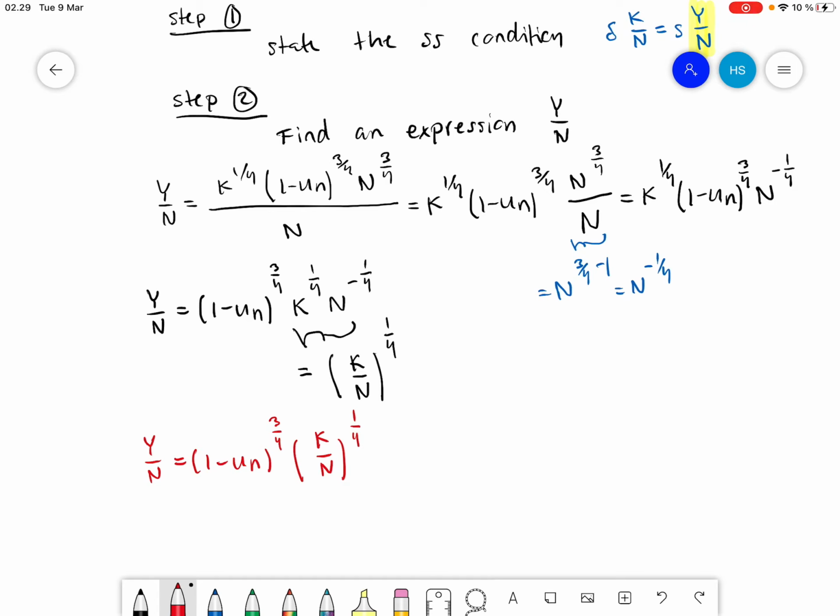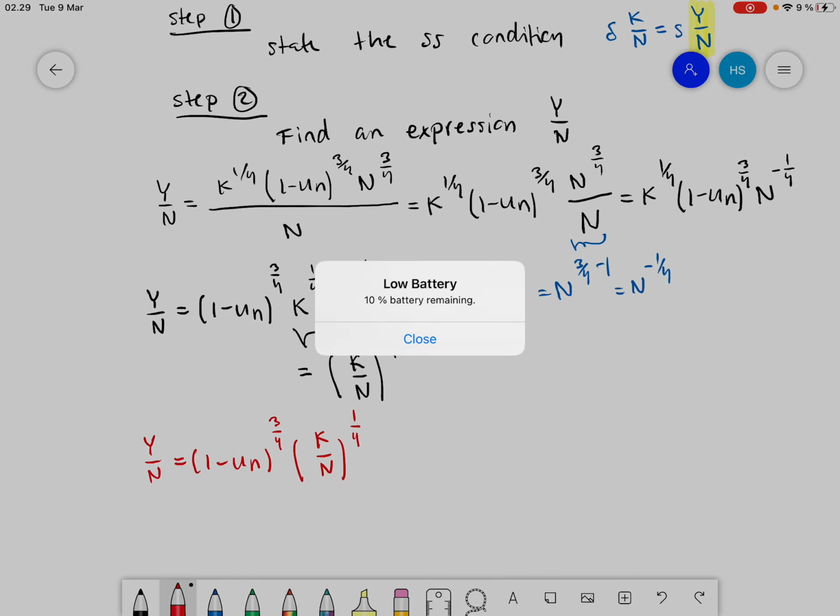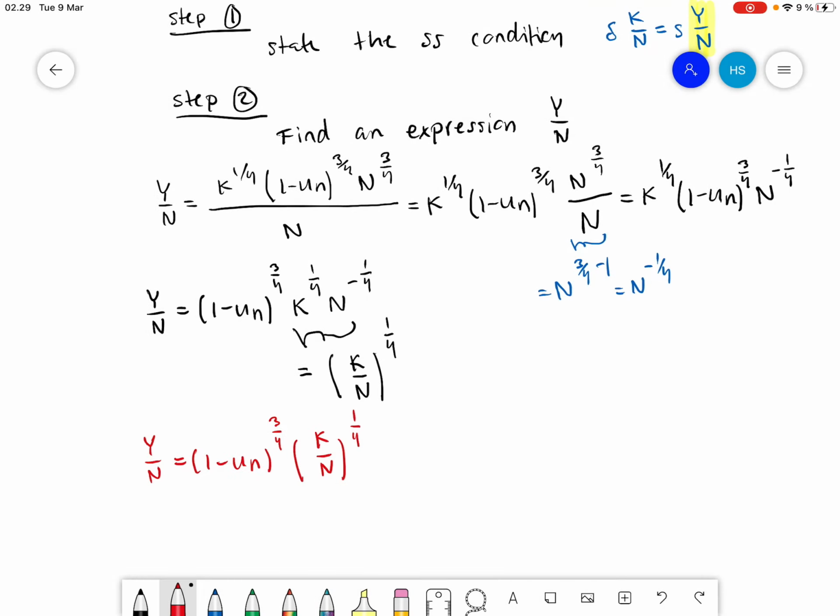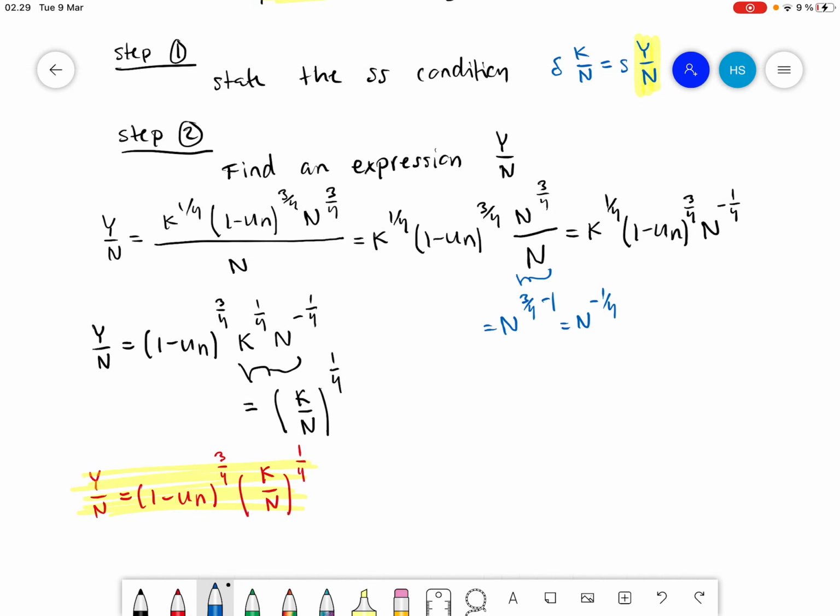So now we have an expression for output per worker. When we have this expression, we simply plug it into our steady state condition in step number 1.